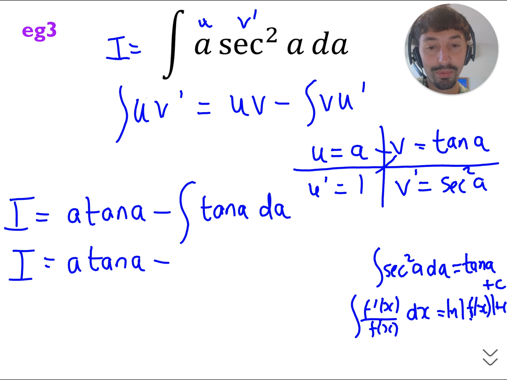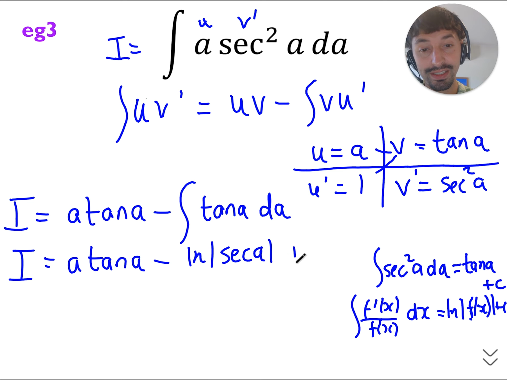So tan is one of these examples where we go from a trig function and end up with a natural log. The integral of tan is actually the natural log of sec a. Now I derived this in another video, so it's important that you know where that comes from.